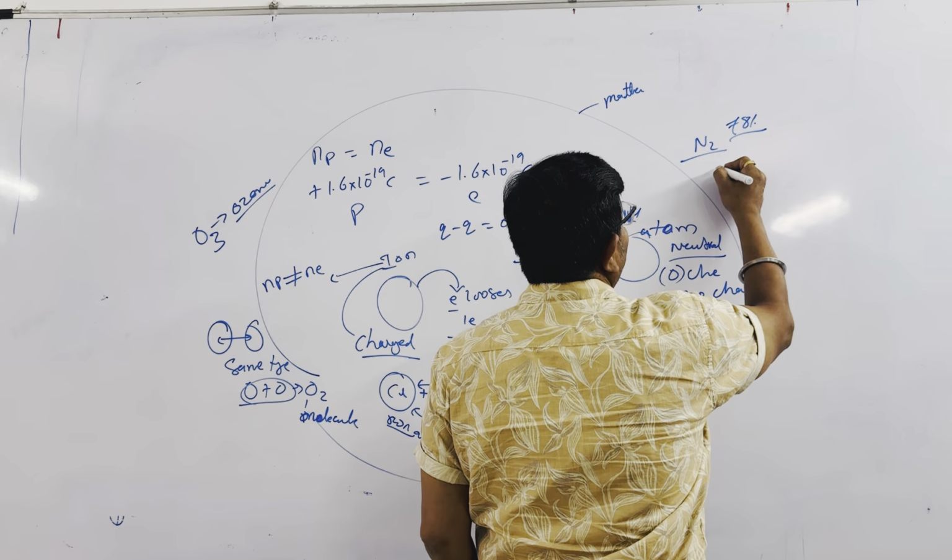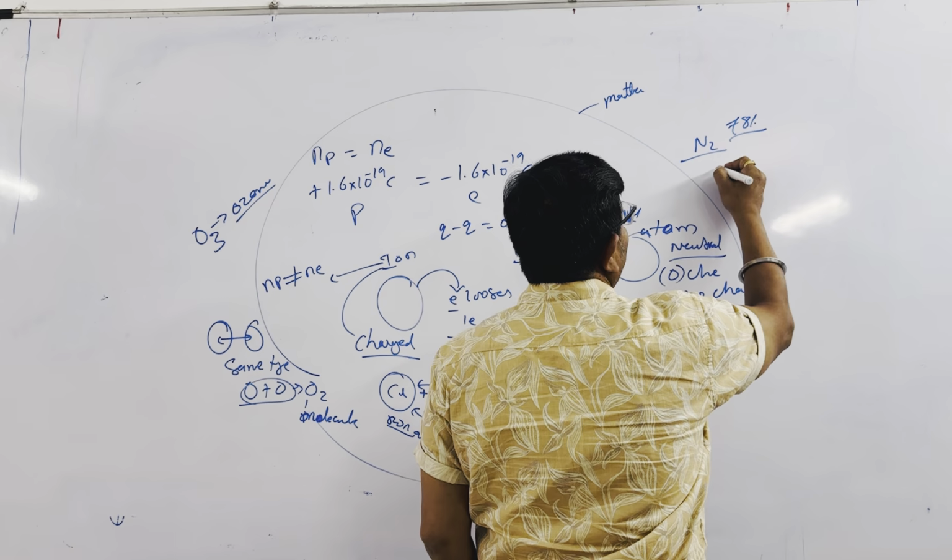Ozone is a layer above the earth's surface which protects us from hazardous rays, ultraviolet rays, or these types of rays which can create a lot of problems. So O3 is ozone, O2 is oxygen. Whatever we inhale is the oxygen molecule.